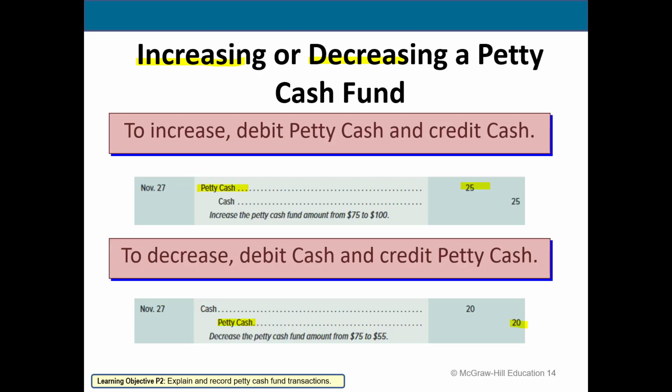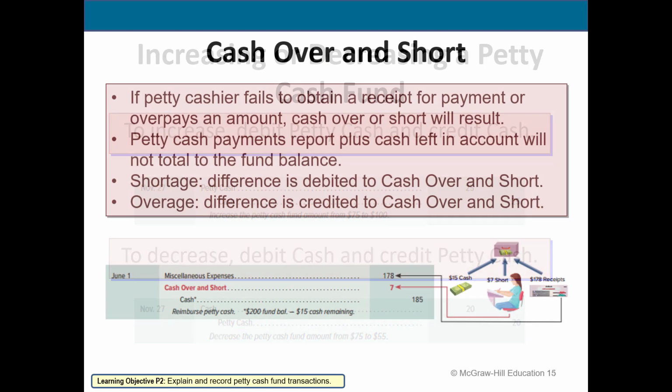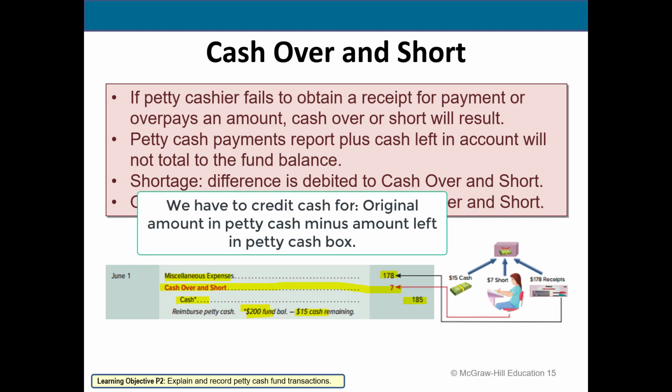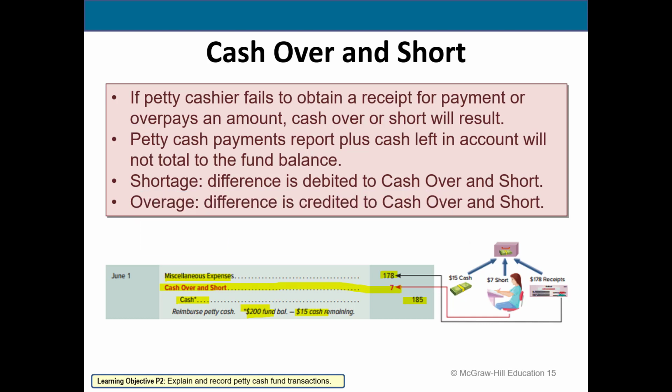So let's look at an example of where we need to use the cash over and short related to petty cash. We will credit cash for the amount that we need to bring it back up to its original balance. In this example, we had $200 and we have 15 left. So we have to credit cash for 185. We have receipts for only 178.